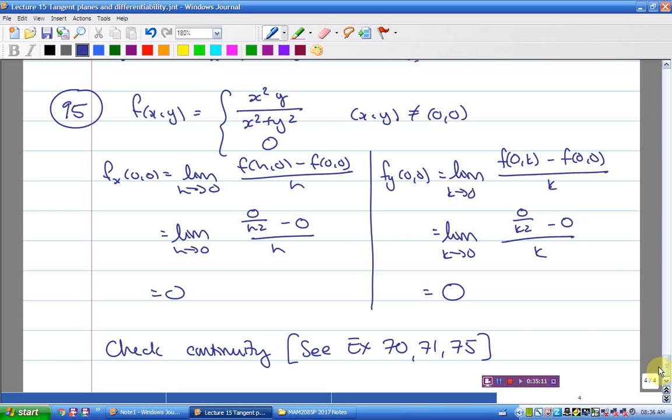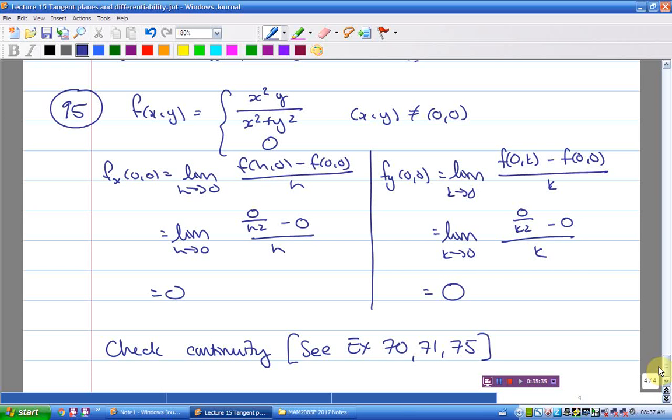So let me rewind a little. What's the definition of continuity? It has 3 bits. Your limit must exist at that point. Your function must be defined at that point. And your limit must equal your function value. In exercises 70, 71, and 75, the limit did exist, but the function itself was not defined.